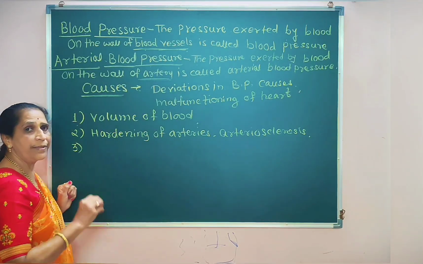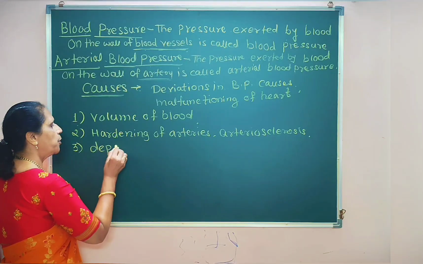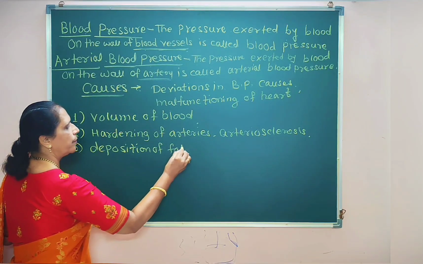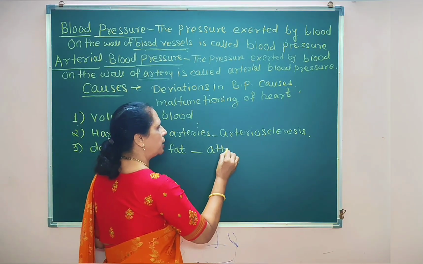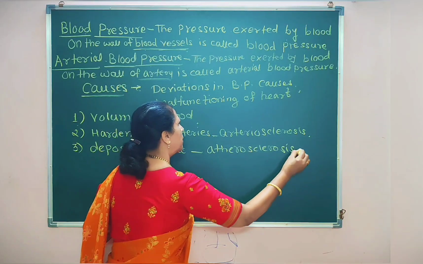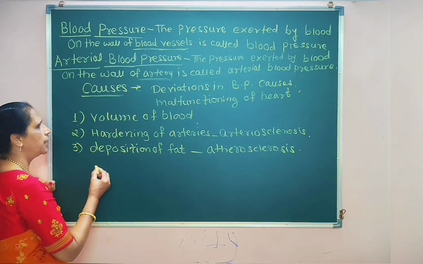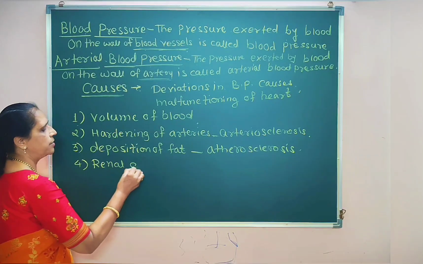Third, sometimes there is a deposition of fat or cholesterol in the artery, which is called atherosclerosis. Atherosclerosis also causes fluctuation in blood pressure. Then the next reason is renal diseases.